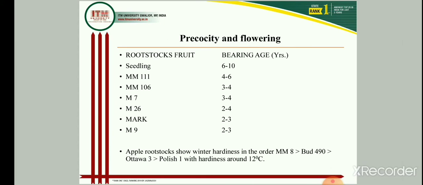Many rootstocks have been evaluated on the basis of their precocious nature in flowering and fruiting, and bearing age has been reported to be as short as 3 to 4 years in the case of M9, M26, M7 and the MM106 series. MM111 has a relatively longer period, and seedling rootstocks generally take 6 to 10 years to come into bearing. Winter hardiness, or cold hardiness, has also been reported.